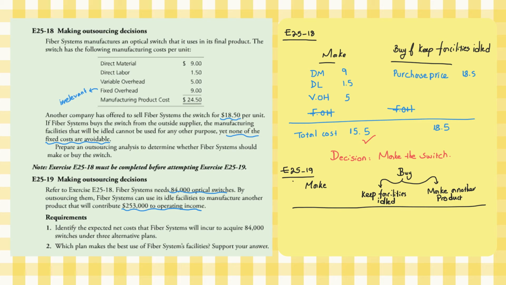If I make, I'm going to pay direct materials, direct labor, and variable overhead and fixed overhead. Again, I'm going to pay fixed overhead under three cases, so no need to add it. Okay, 9, 1.5, and 5. This is per unit, so I need to multiply it with 84,000.